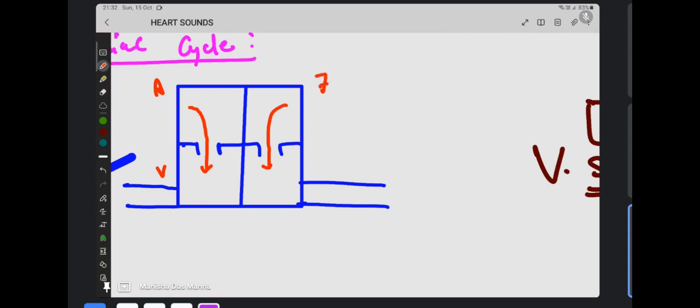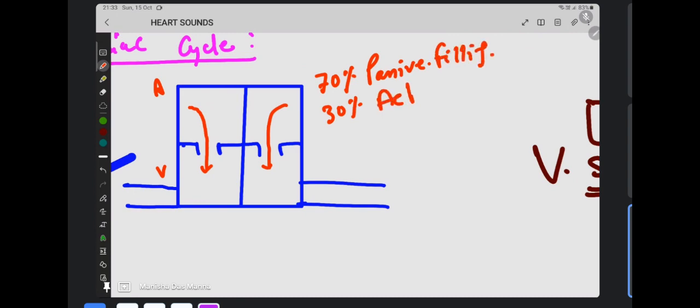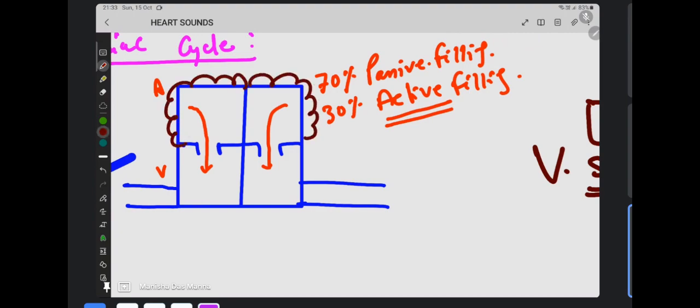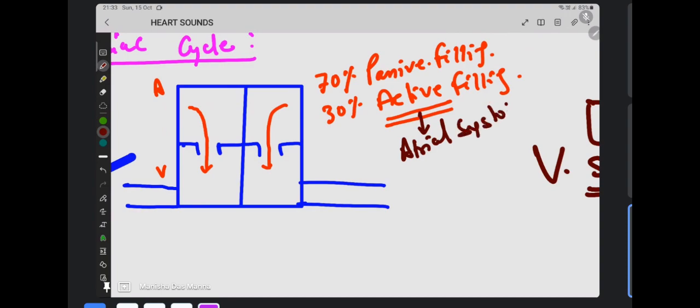The initial 70% is passive filling, and the remaining 30% is active filling. That means during this stage, the remaining 30% filling of the ventricle, the contraction of the atria is important. So it is due to atrial systole.